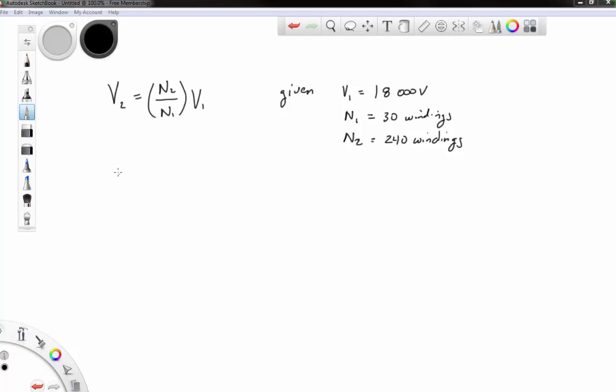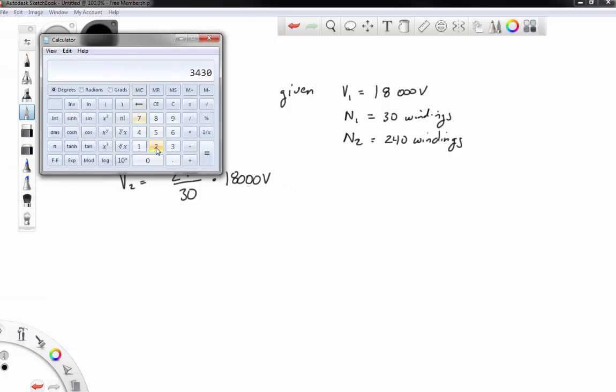So we use that same equation again, and actually we don't even have to do anything to it. We just plug numbers in. So we have 240 divided by 30, the windings part, times 18,000 volts. So 240 over 30 is 8.